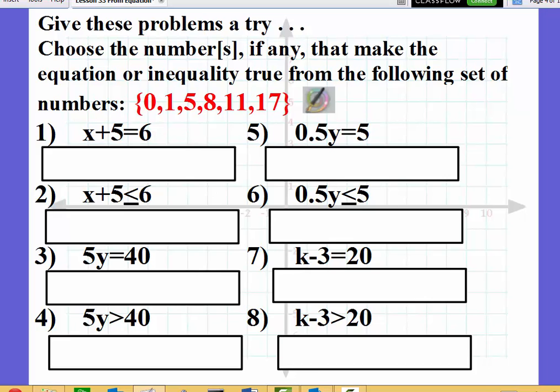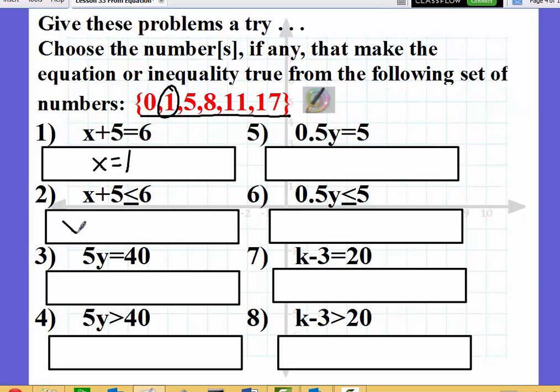Okay, my next one, give these problems a try. Choose the numbers, if any, that make the equation or inequality true from the following set of numbers. So we're going to be focusing on these. And let's check. If you do these in your head, that's fine. If you have to do the inverse, that is okay as well. What plus 5 equals 6? Well, I can subtract 5 from both sides, and I'm left with 6 minus 5 is 1. So I'm left with x equals 1. I'm going to do the same thing over here, and I see that 1 is there, so I'm going, okay.